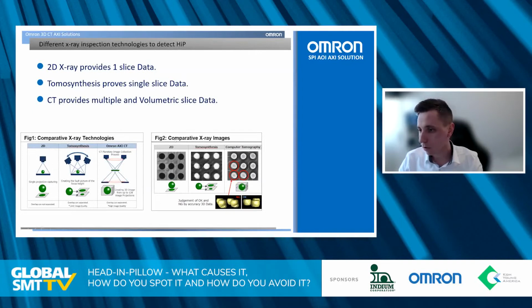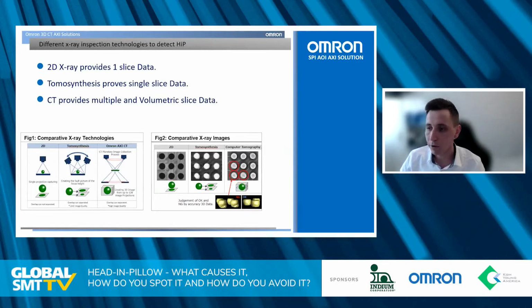On the right side of the screen, just a few X-ray images created using these technologies. We can see two on the left, 2D and tomosynthesis. There, maybe even if you see some defects, another thing, if you are talking about mass production, we need to also create very stable programs.